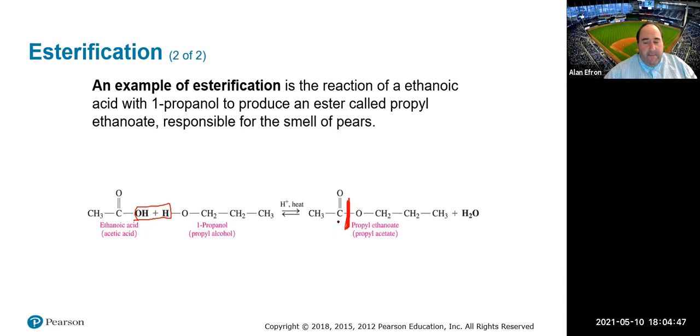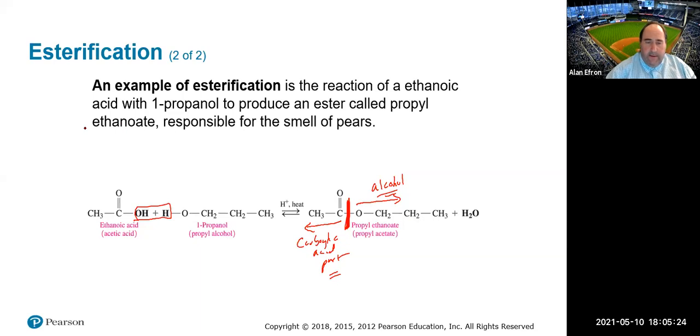And just so we're clear, going away from the carbon-oxygen double bond, away from the oxygen there, that is the carboxylic acid part. Going towards the single oxygen, away from the double bond, is our alcohol part. And that's important, which part is the carboxylic acid part and which part is the alcohol part, in terms of how you go about naming these, when we get to naming in just a second.